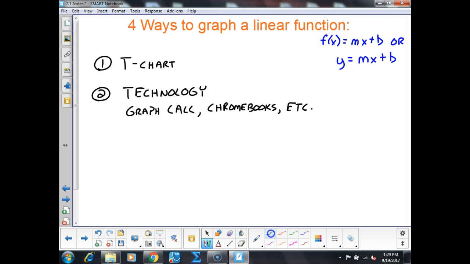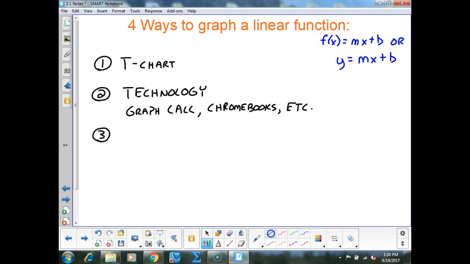The next two are probably your go-to. They're going to be your jam when it comes to graphing stuff. The first one is the way that you've probably been doing it forever.